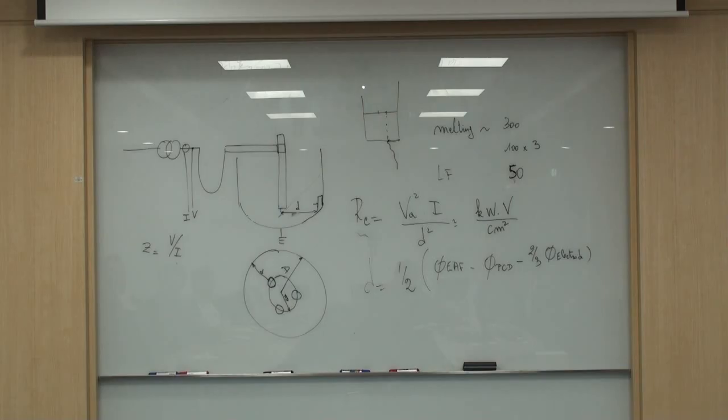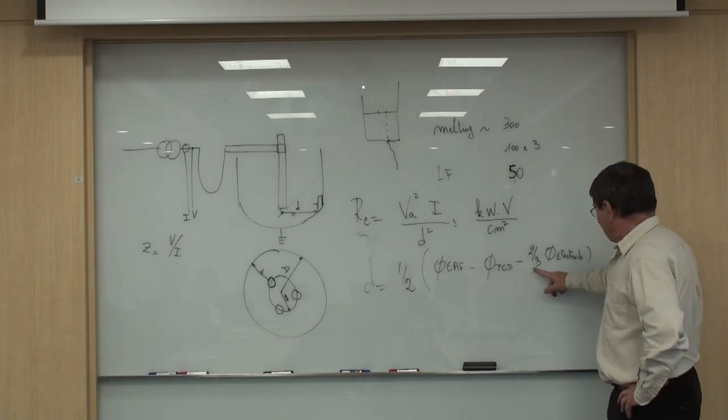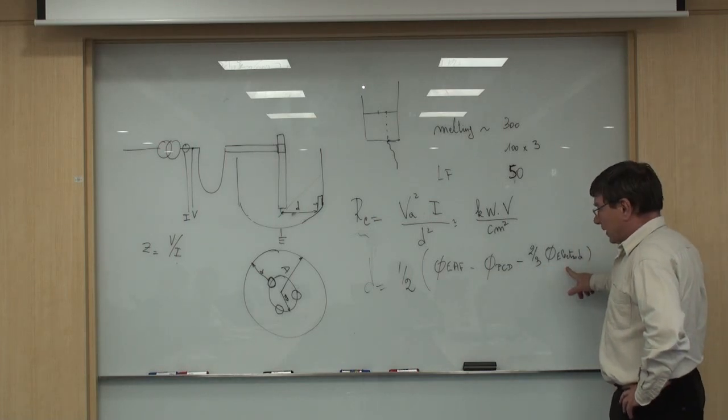A is not diameter. Where do you see A? You told me the EAF diameter. Yeah, EAF diameter minus PCD diameter minus 2/3 of the electrode diameter.